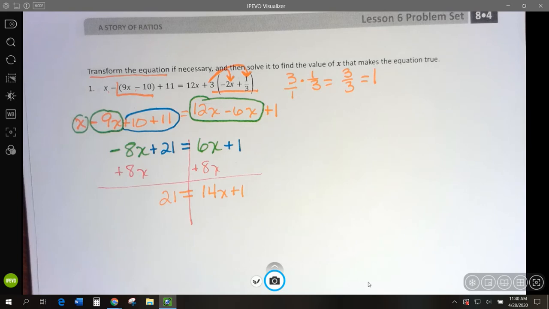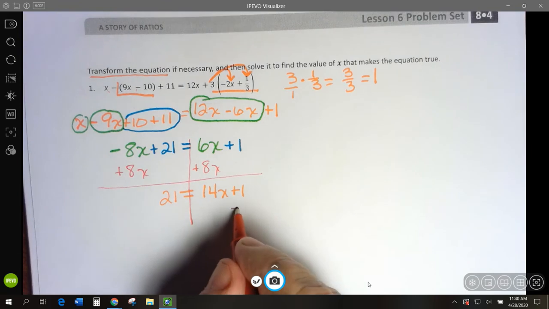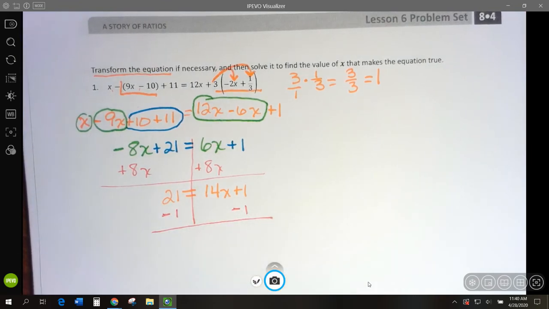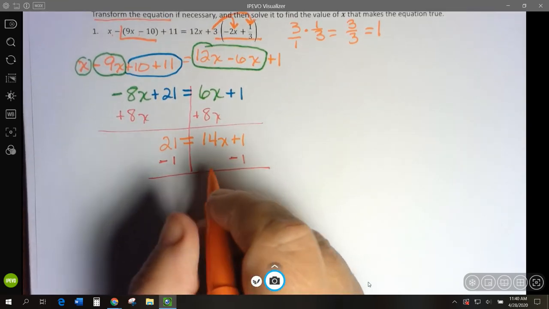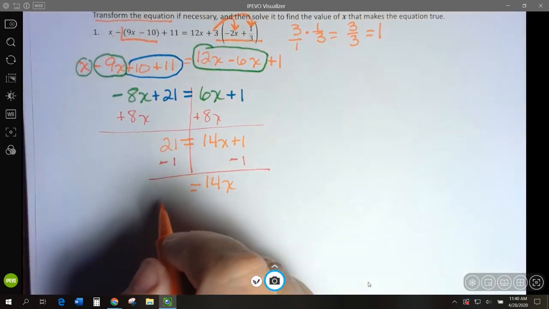Now we need to get rid of adding 1. To get rid of adding 1, we subtract 1 on both sides. And we're going to get 14x on this side, and on this side we're going to get 20.